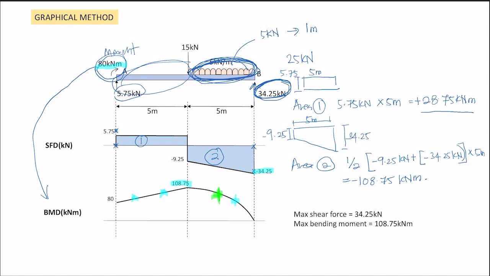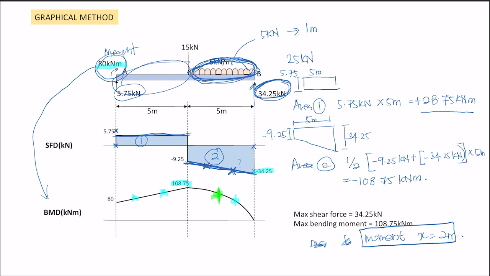For example, if you want the value at X equal to 2 meter, you can put it into the formula and get the value. And the same with this one, shear force. You do not know the area here. For this one, you can know it is 5.75 because it is just a straight line. But this one, it goes down like this, you won't get this value if you use this graphical method.